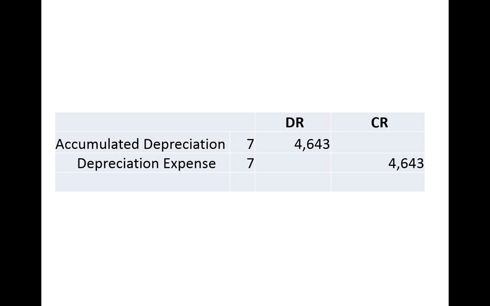So here's what we're going to do. We're going to debit accumulated depreciation, credit depreciation expense for 4643. Now, what this entry here represents, it represents bringing that depreciation down to 22.5 for the current year. The previous entry was for earlier years.